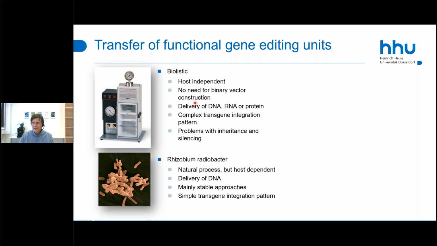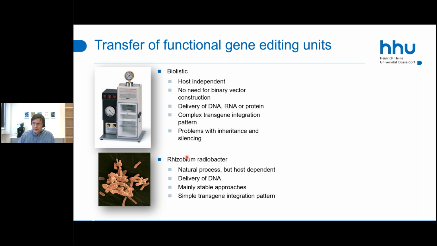It can deliver DNA, RNA, and/or protein. But on the other side, it leads to a complex transgene integration pattern, which, of course, you don't want if you want to make stable modifications, because on one hand, it could lead to gene silencing, or if you want to inherit your integrated DNA, this leads to complications in order to get homozygous material.